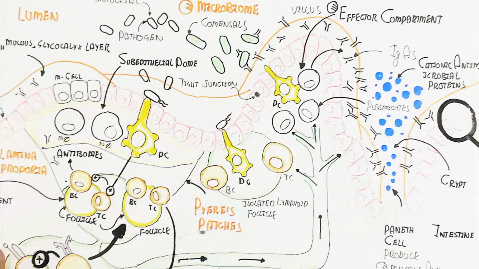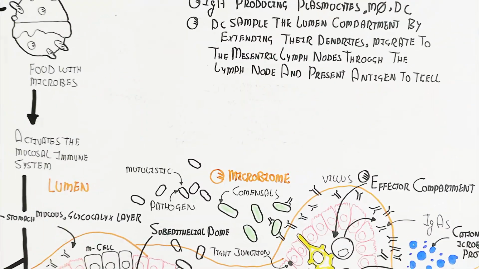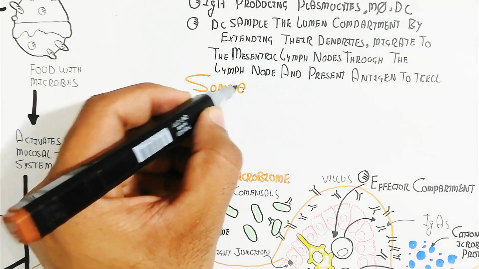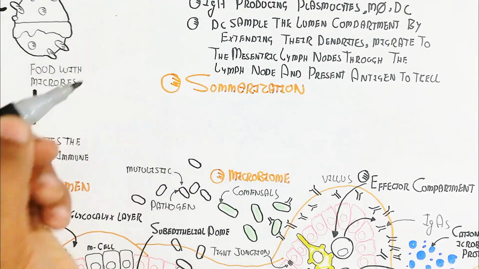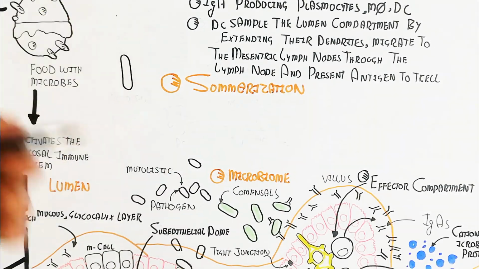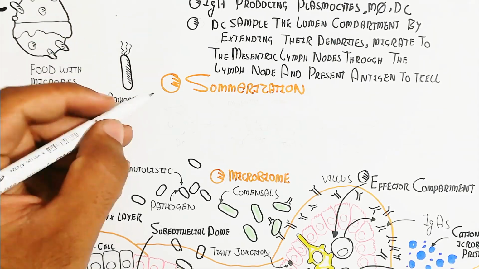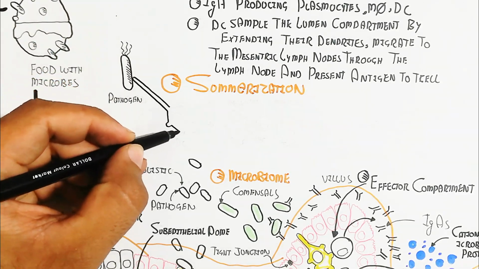Inflammation will increase, and apoptosis will occur whenever the infected lymphocyte also produces interleukin 15. This interleukin 15 will inhibit the T regulatory cell and can cause autoimmune disorders like celiac disease.